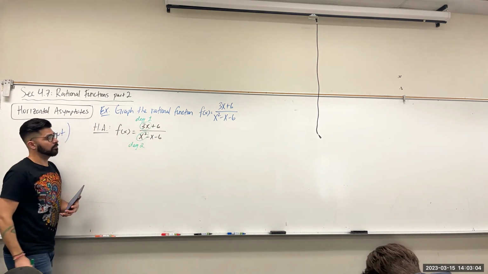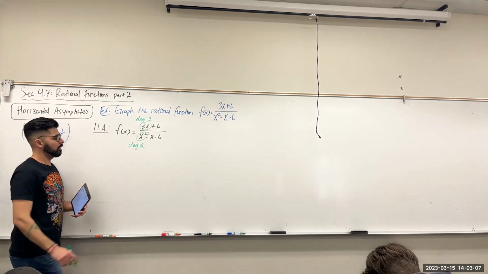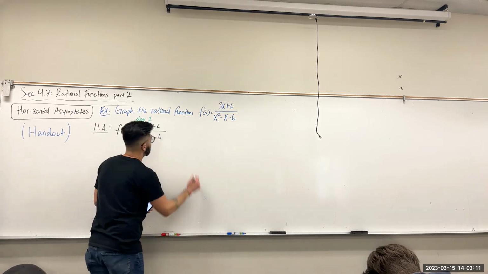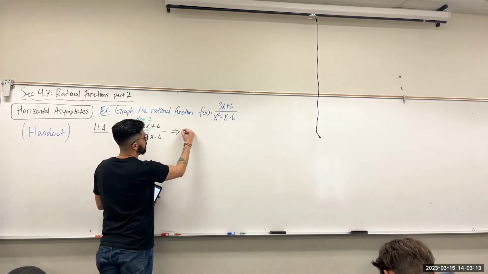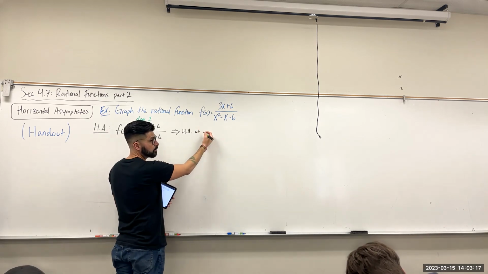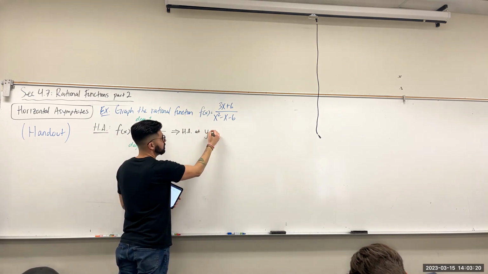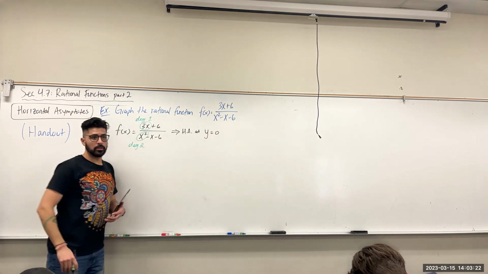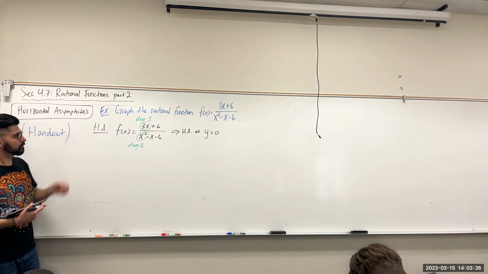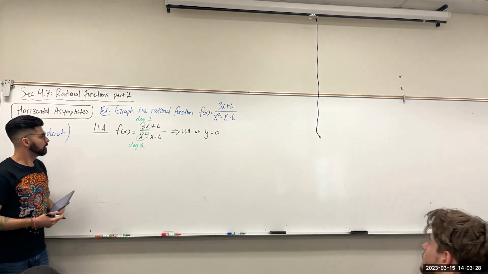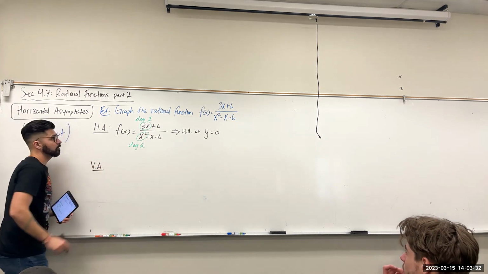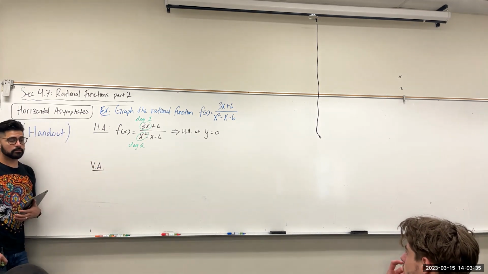So what case do we have? We have case 1. We just have to look at the degrees. So this tells us that you're going to have a horizontal asymptote at y equals 0. That's the only asymptote we're going to have.